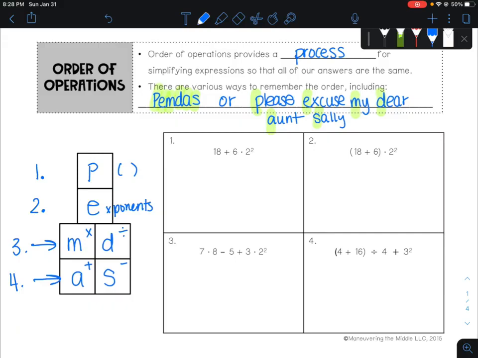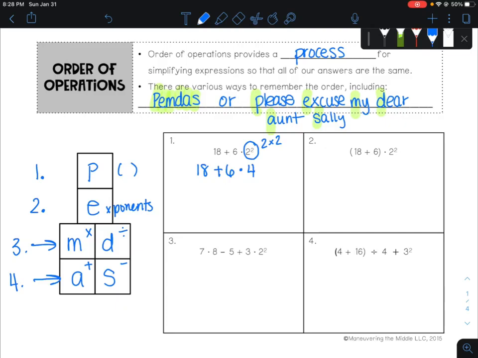So for number 1, we're looking first for parentheses. I don't see any, so I'm going to go to step 2, exponents, and I see that here. So I'm going to rewrite everything except for changing that exponent. So 18 plus 6 times, and now this is 4. 2 to the second power, 2 times 2.